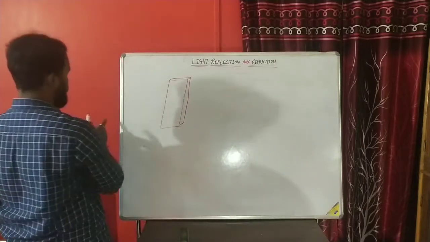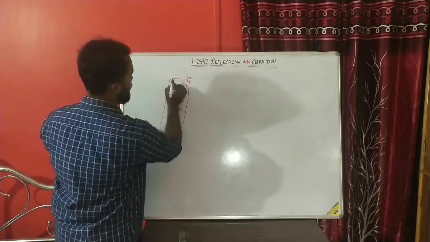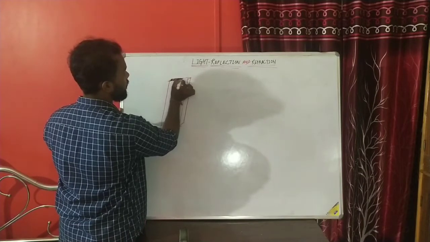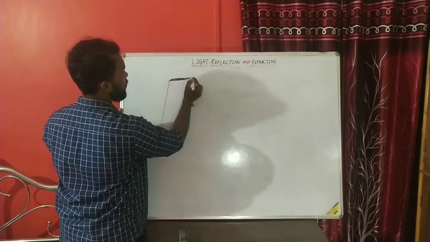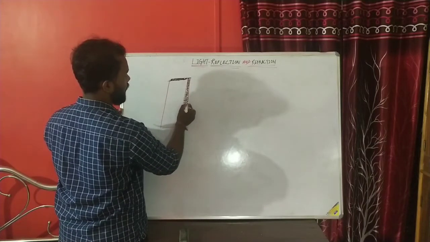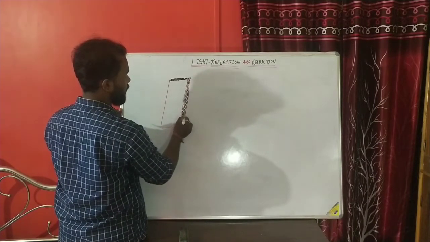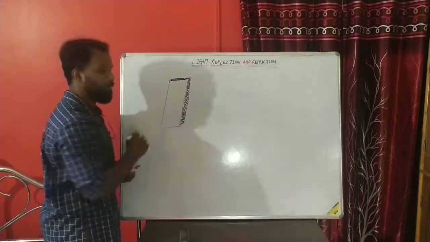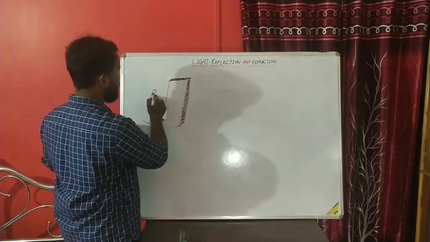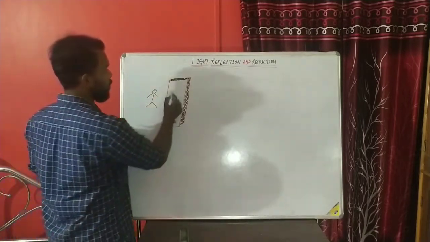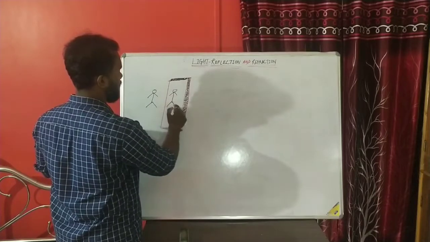We do the polishing, or we actually darken the behind part of the mirror. Okay, as I have done to make you understand. This is a plane mirror. If this is you, standing in front of the mirror, you are going to observe yourself in this mirror.